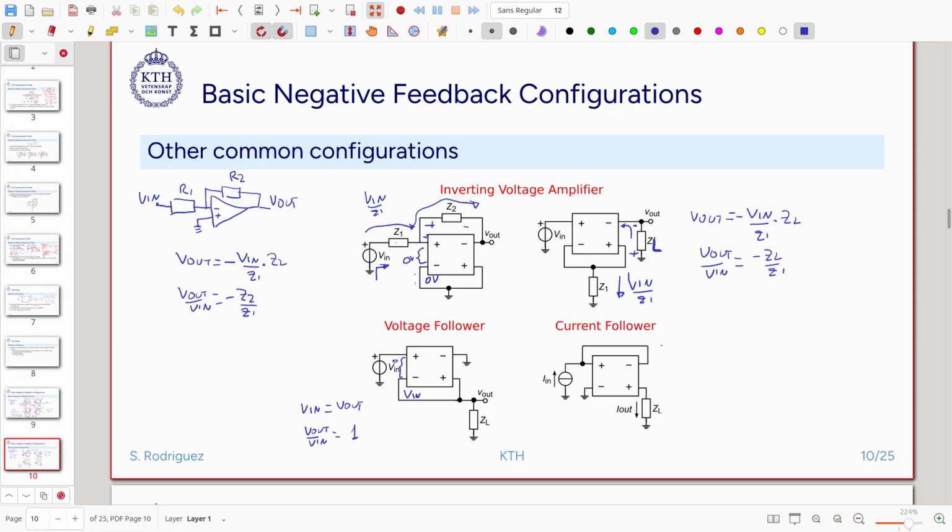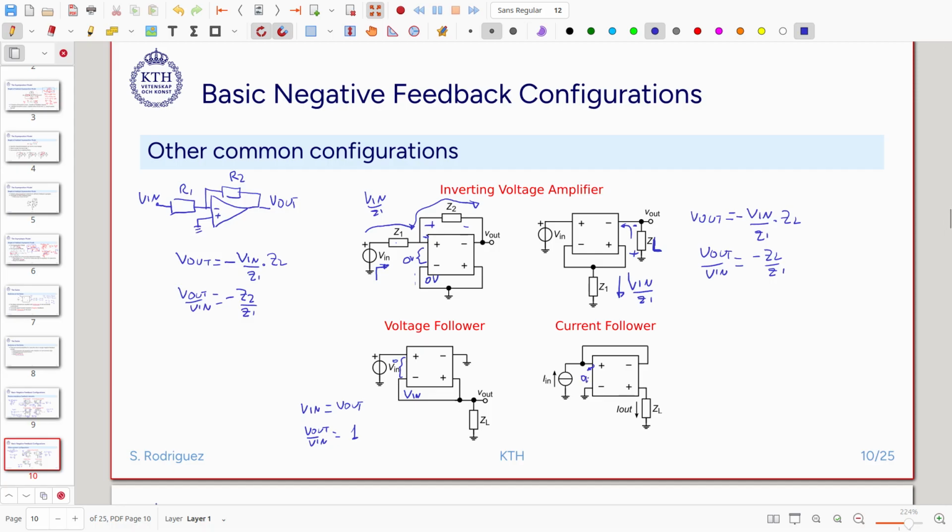If we connect it on the other hand like this, we can use this configuration as a current follower. So we see that there is no current entering here.